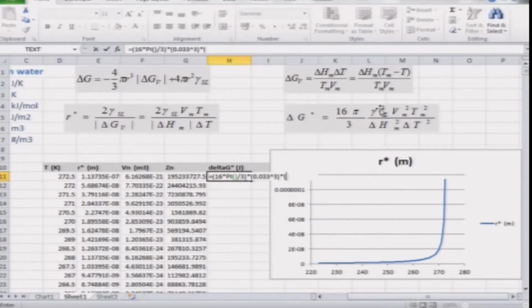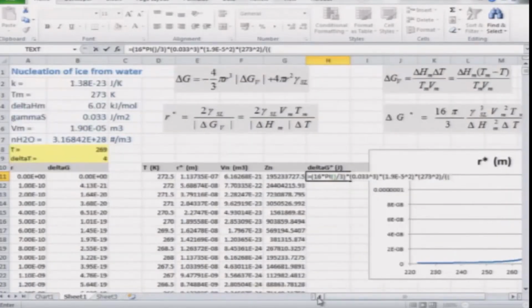Gamma SL cubed, gamma was 0.033 to the power 3, multiplied by molar volume squared. The molar volume was 1.9 × 10^-5, squared, multiplied by the transformation temperature 273 squared.